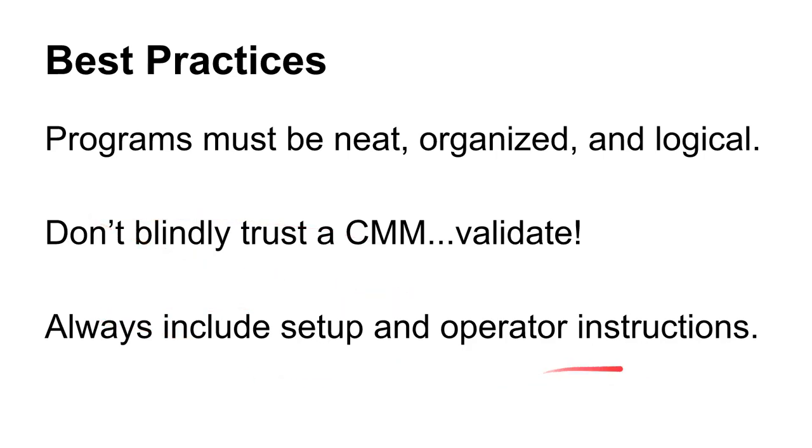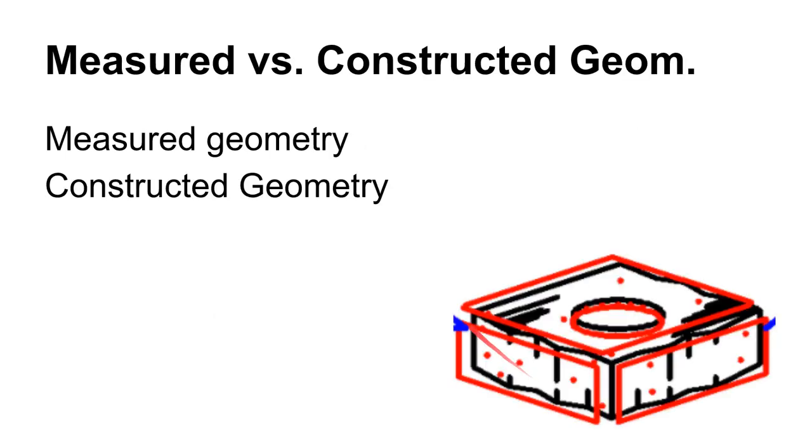Let's see. Also, and we talked about having good setup instructions and things like that. There is also in PC-DMIS some language about measured geometry versus constructed geometry. So if we were probing all these points on this surface, and we created this plane object, then that would be measured geometry. If we did the same thing over here and we measured this plane, that would be measured geometry.